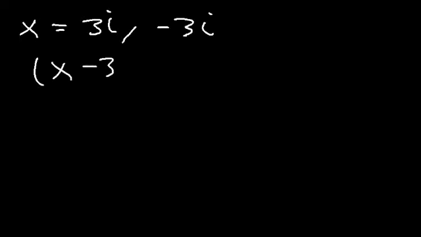Now let's say you're given the imaginary solutions to an equation and you're asked to write that equation. What would you do? So first you want to write it in factored form. If your answer is 3i, you want to write x minus 3i. If it's negative 3i, write x plus 3i.